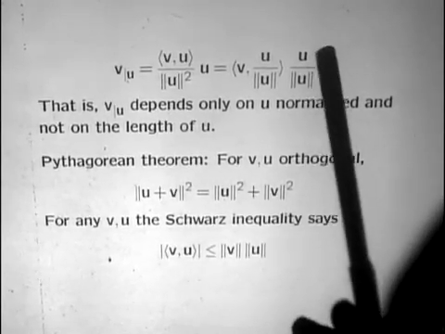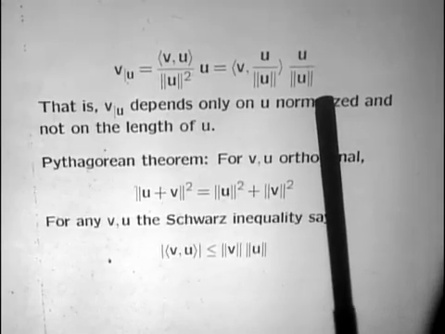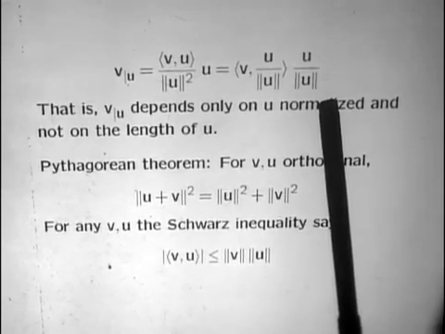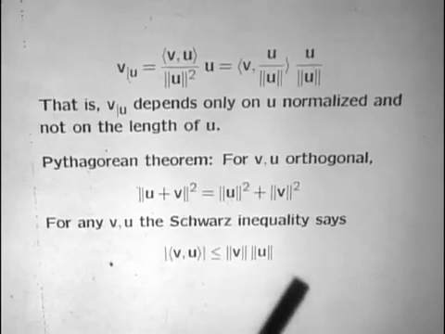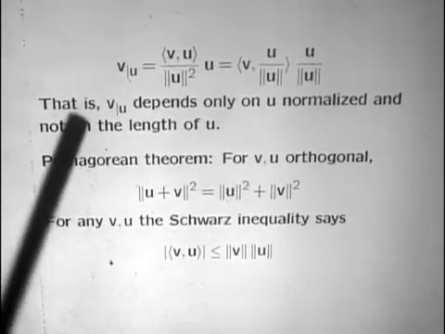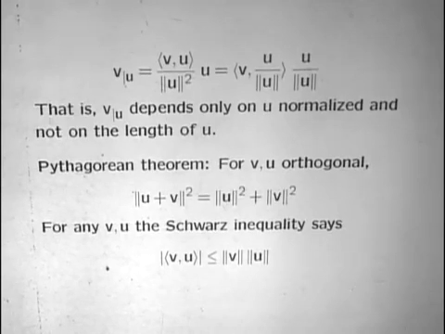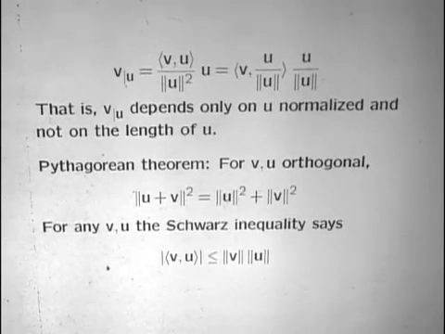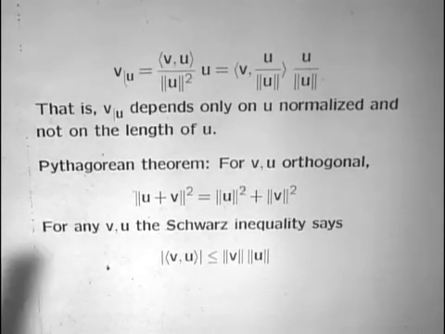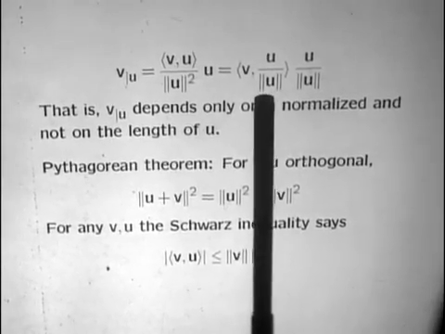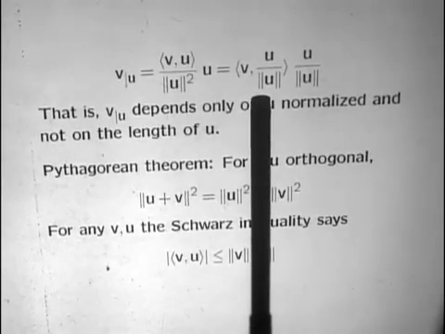Now, what is the vector U divided by the length of U? It's the same direction as U, but it has length 1. In other words, it's the normalized form of U. And I have the normalized form of U in here also.